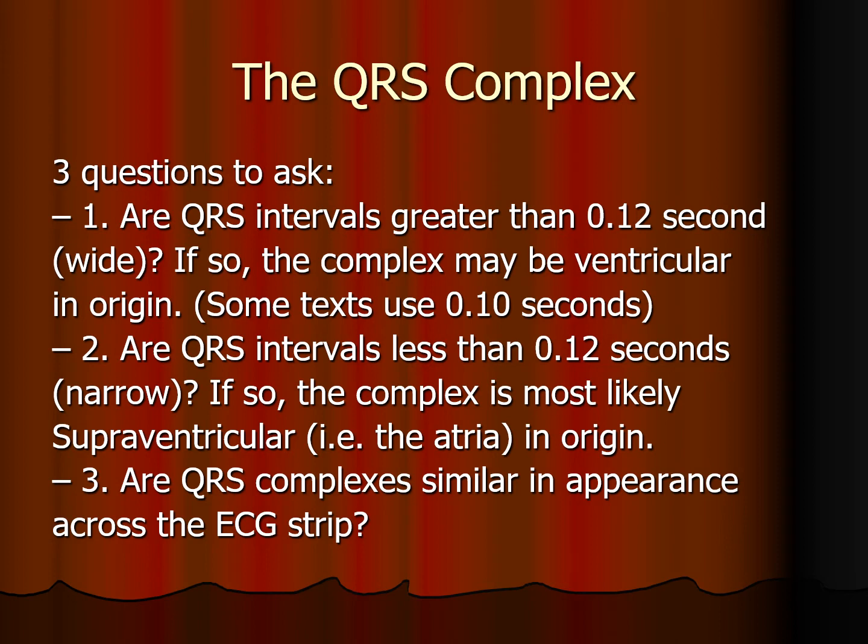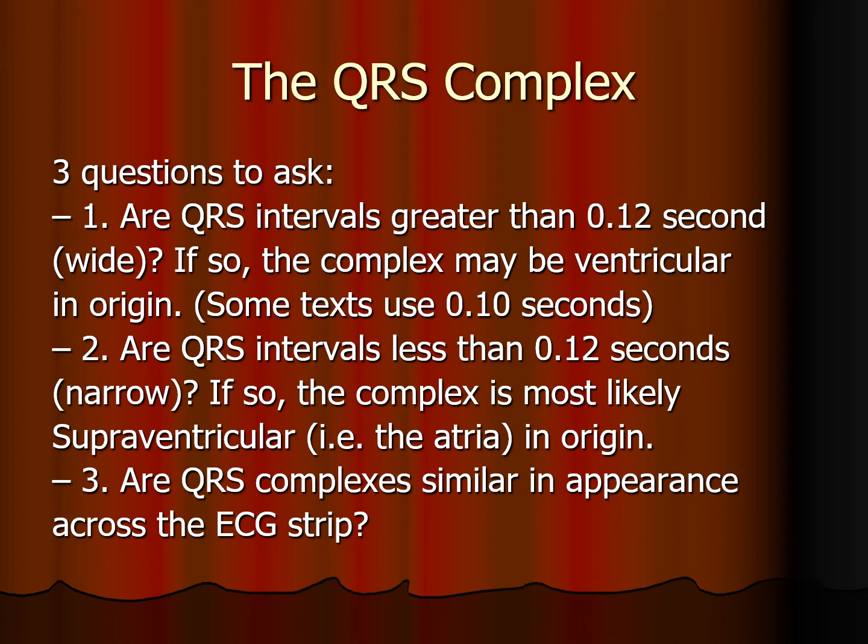Because atrial conducted beats have skinny QRSs in a healthy heart, all right? And if they're wider than that, then that means the ventricle had to do something for itself. And when the ventricle has to start the electrical conduction on its own, we have a wider QRS. That's why we measure all this stuff in the first place, all right?